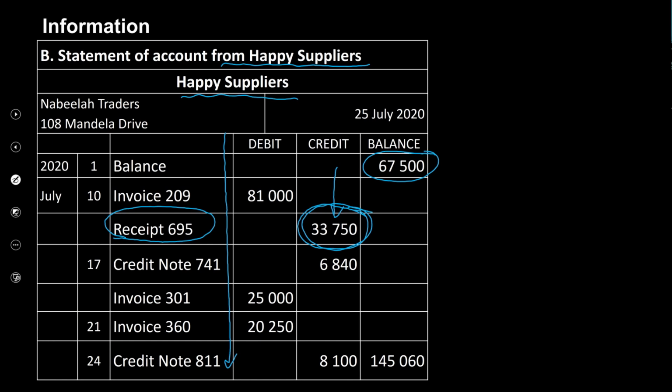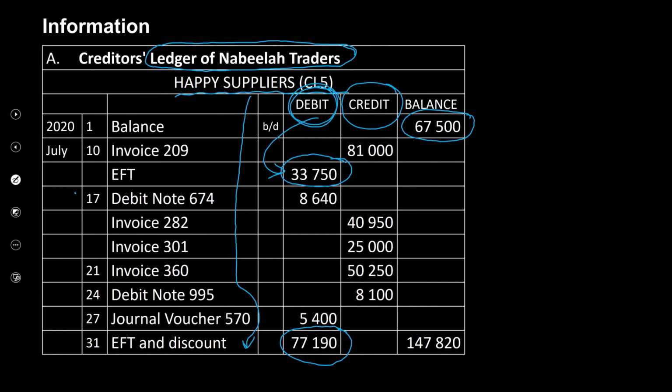Where's the 8,100? This is the statement. Here we go. Here's the 8,100. There we go, there's a debit note. Can you see? What have we done? In terms of our records, we credited it, meaning we showed as if we had purchased goods from our creditor, which in fact was incorrect because we had returned goods.